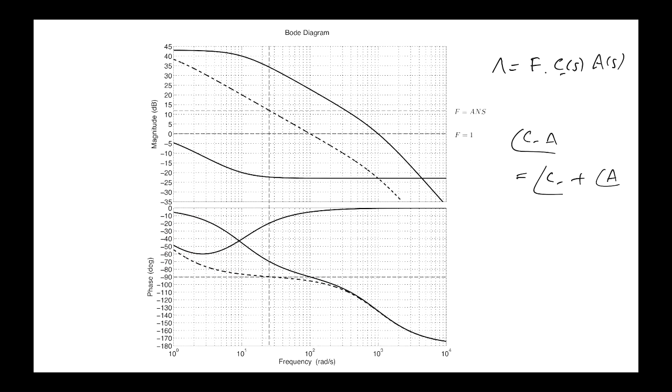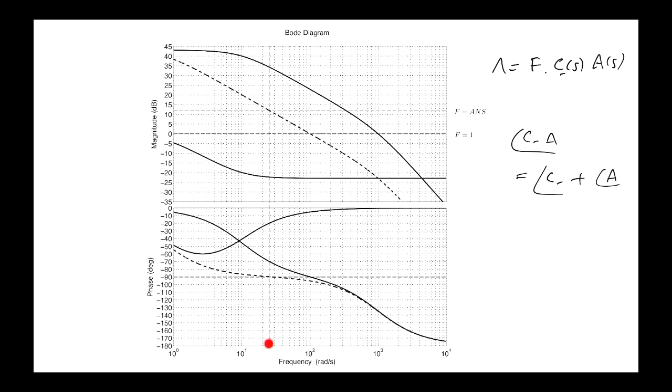Changing F, we can think of as just changing where the 0 dB line is. Multiplying by a number less than 1 will pull this dotted line down, but that's the same as saying it's like moving the 0 dB line up. And we're looking for where the phase margin will be 90. So here's our phase plot. Multiplying by F doesn't change that, because the phase of F is 0.